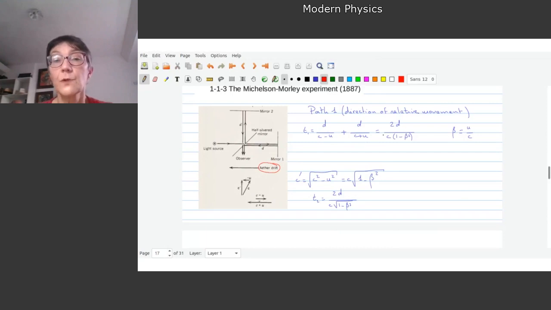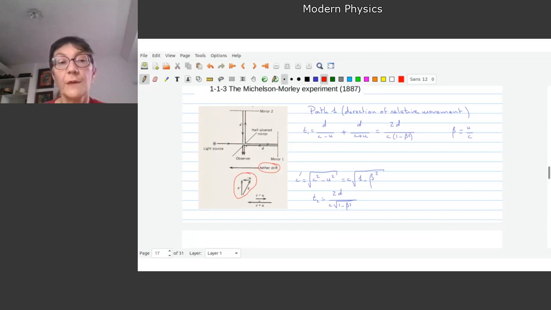Here on path 1, when light goes this way, the ether is going this way, so light should be slower in this reference frame, and it should be faster in this one.